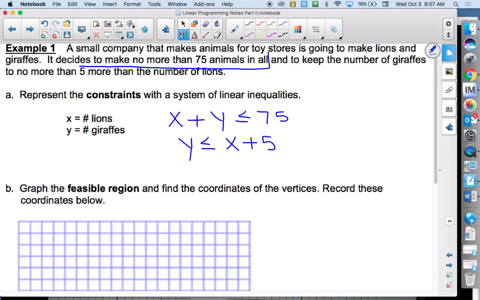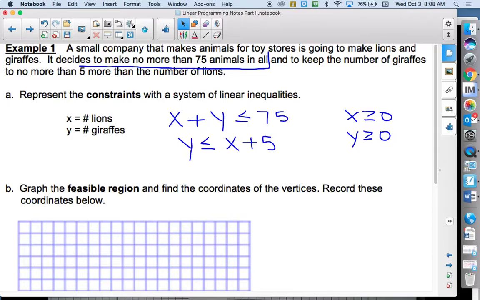So there are actually 2 more inequalities that we need to write that aren't given in the problem. And they're kind of called assumed inequalities, even though we don't like to assume in math. Does anybody know the other 2 inequalities that we would have to place on this? Julia, do you know? X is greater than or equal to 0, y is greater than or equal to 0. Why do you say those 2? They're making toys, it's either they have none or they have some.